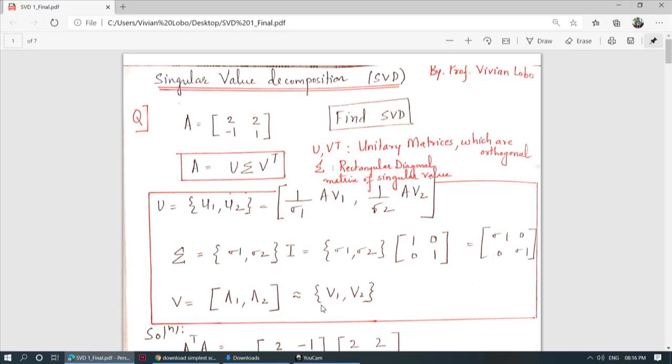So understanding singular value decomposition needs a prerequisite on how to calculate eigenvalues and eigenvectors. If you have not seen those videos, ensure that you check out the videos on how to calculate eigenvalues and eigenvectors under principal component analysis, which I have already taken in my previous video sessions.